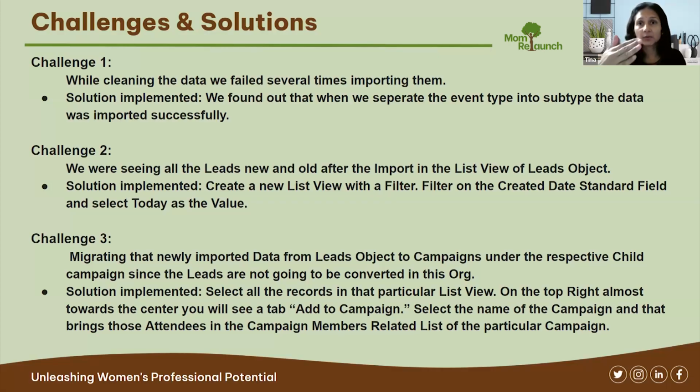You'll have a lookup, like a pop-up, and it'll show you which campaign. So you would select the member. We would have to create the respective child campaign as well, and then that way it will populate the name of the child campaign. We would select that, and all those leads that we imported today would move into that respective child campaign. So that's how we tackled all three challenges. Now we'll go to the next slide, please.